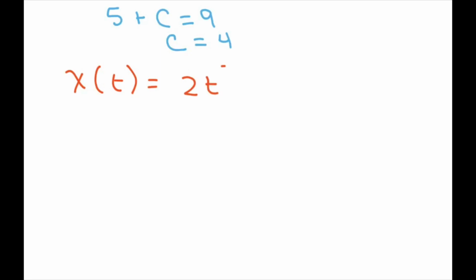Now solving for that, you're going to get 5 plus c equals 9. So c equals 4. Therefore, the position x(t) equals 2t cubed minus 9t squared plus 12t plus 4, your c here.